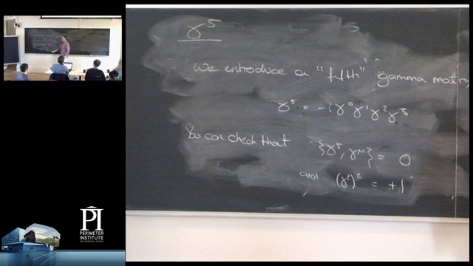Sorry, I missed a 5 there. Gamma 5 squared equals 1. Okay, so you can check both of these just from the definitions of the other gamma matrices. You don't have to plug in explicit gamma matrices here, but just the fact they obey the Clifford algebra guarantees that this is true. Okay, so it's a 5th gamma matrix.